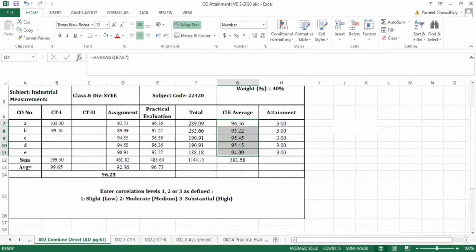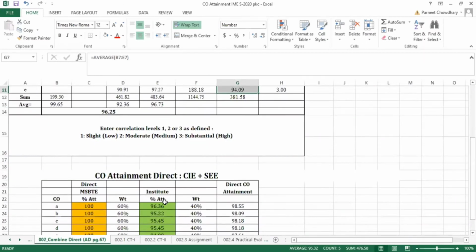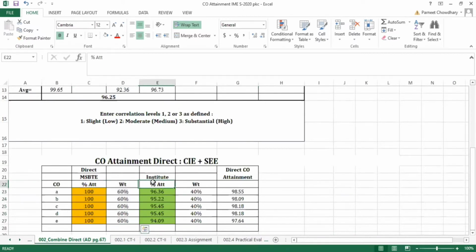So these 5 values will directly come here. You see these are 2 columns for MSBT exam. These are my 2 columns for institute level exam, and this is my direct CO attainment. I have given 60% weightage to MSBT exam and 40% weightage to my institute level marks.